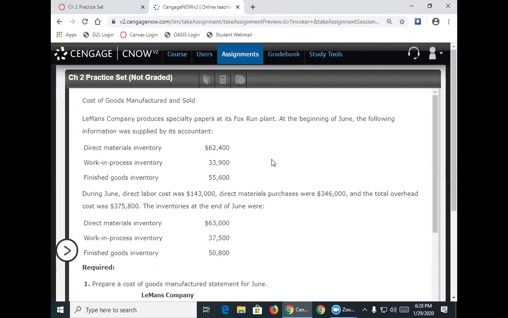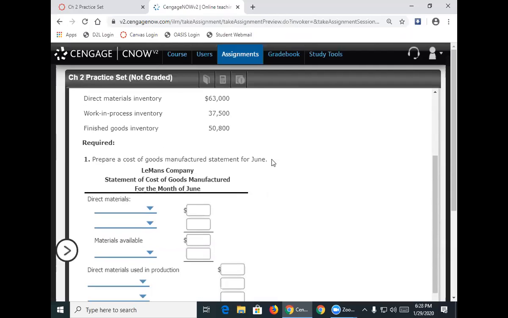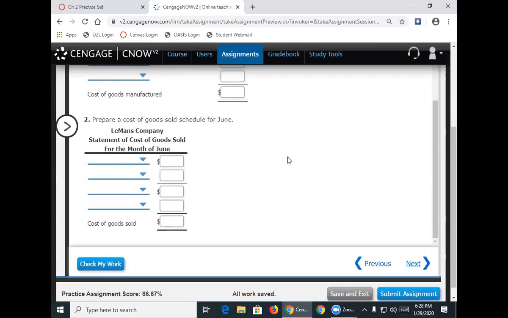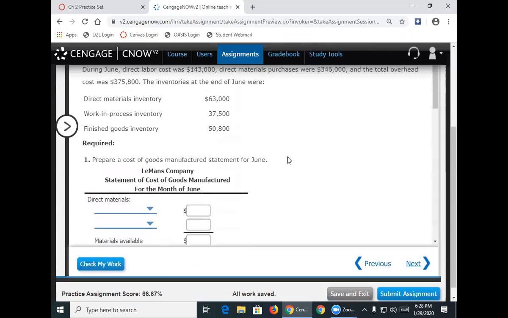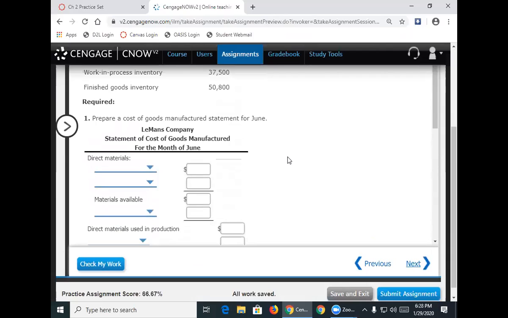At the beginning of June, it gives us all of our beginning inventories. During June, labor costs were $143,000, materials $346,000, overhead $375,800. It gives us ending inventories. So what we're going to do is just prepare the same two statements we just prepared. So it's just more practice.